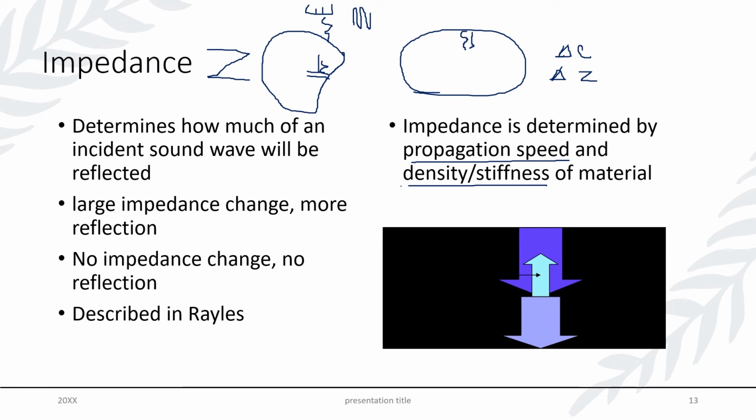Now, if a sound wave comes in and interacts with the barrier of, let's say, a fatty infiltrate in our liver, that fatty infiltrate may not have such a significant change in density or propagation speed that it would reflect the whole sound wave back.